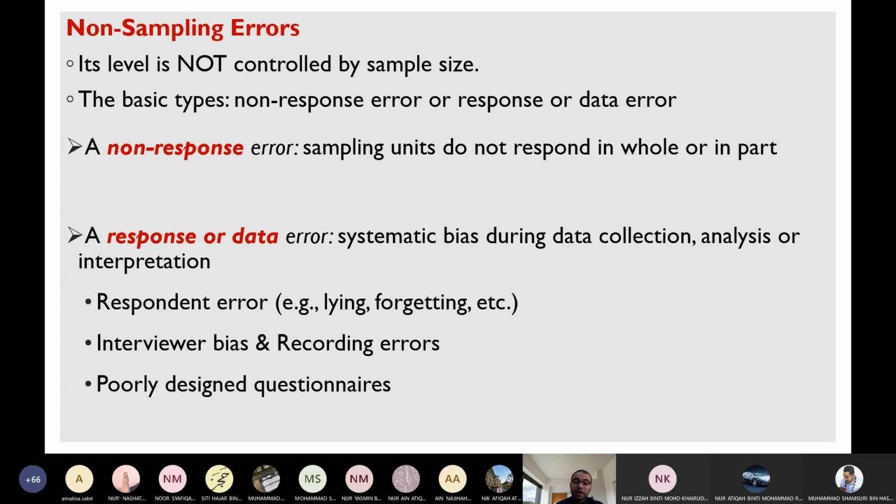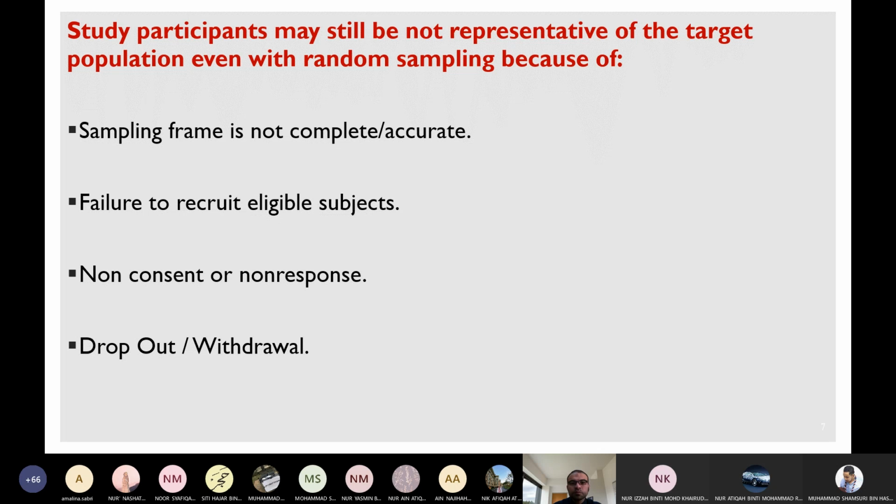This is some sort of systematic error, not related to the sampling, but it affects the quality of the study. And this is just for your knowledge. We will not discuss bias in detail. Perhaps we will have another session for this.